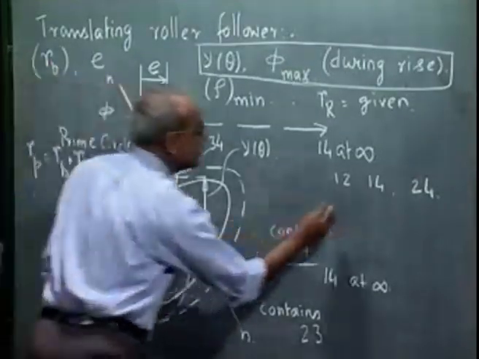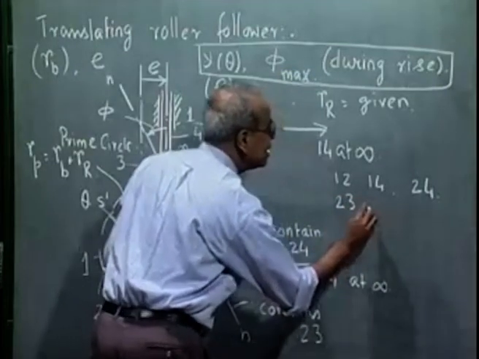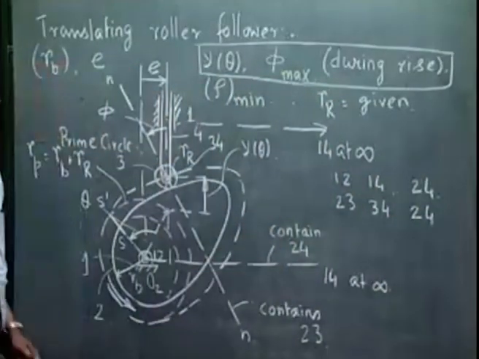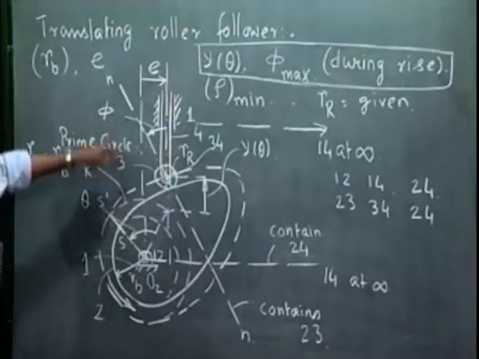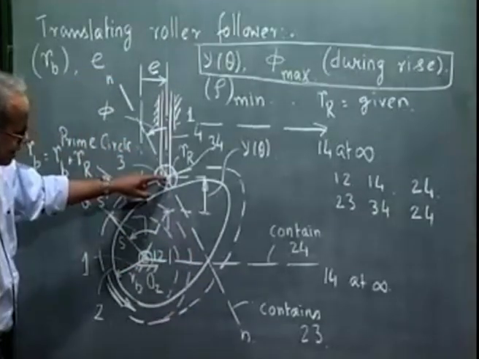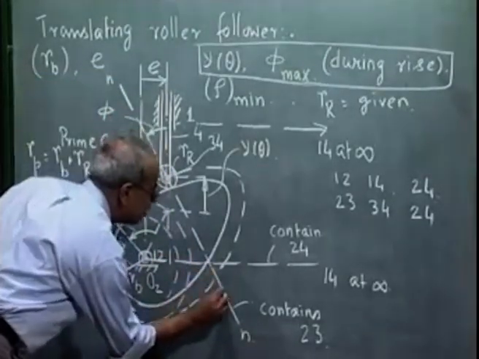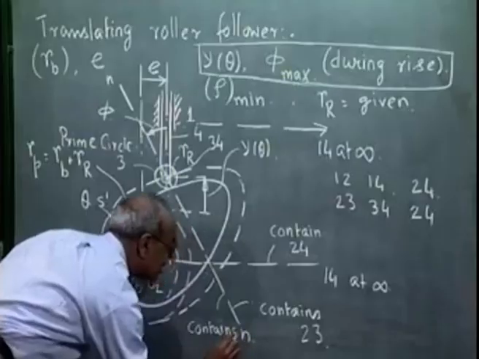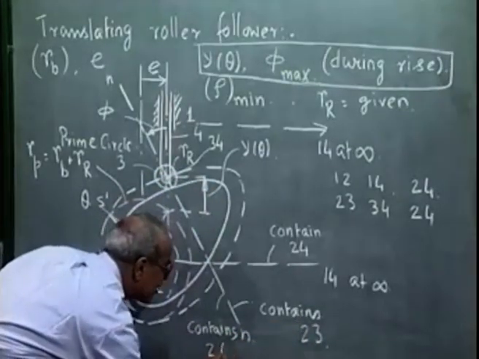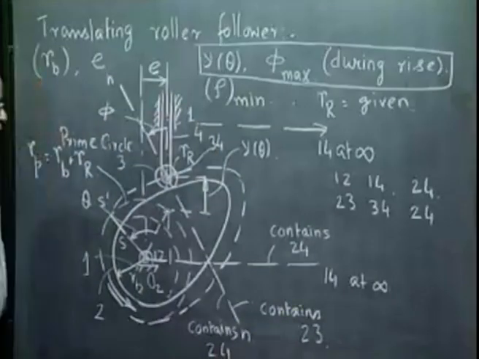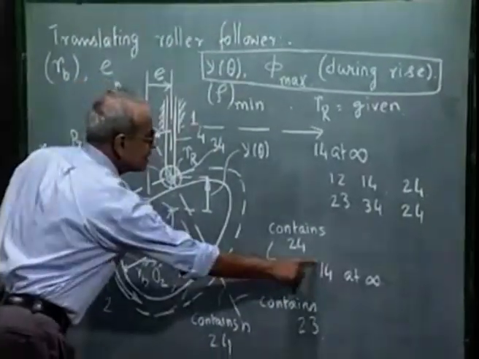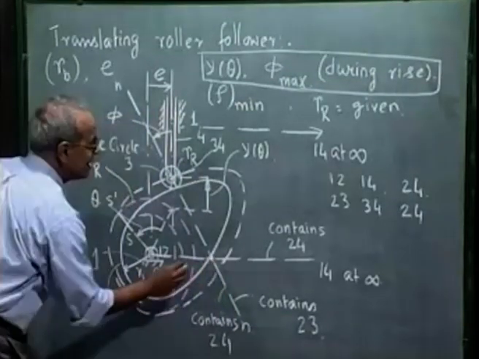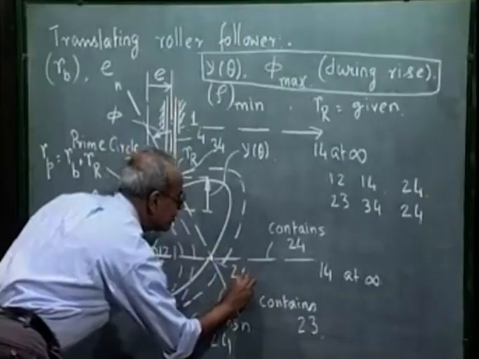So 2, 3, 3, 4 and 2, 4, these 3 relative instantaneous centers, are also collinear, out of which I know 2, 3 is on this line, 3, 4 is here. So this line also must contain 2, 4. So 2, 4 is contained on this line and this line also contains 2, 4. So obviously this point of intersection decides the location of 2, 4.